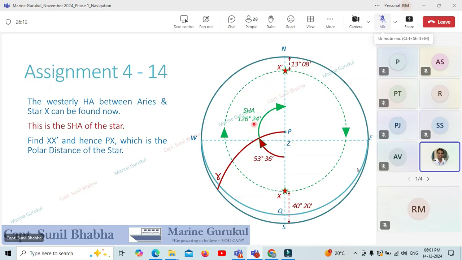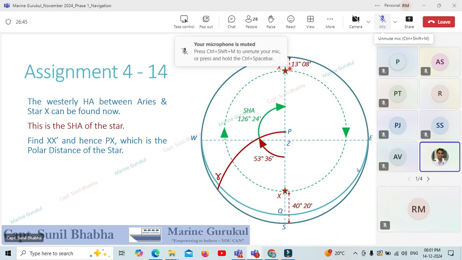Now what we do is, you see we have this nx dash arc known to us. It is 13 degrees 08 minutes. We have the sx arc also known to us. It is 40 degree 20 minutes. And we are aware that from point S to Z is 90 degrees. Z to N is again 90 degrees. So this total N to S is 180 degrees.